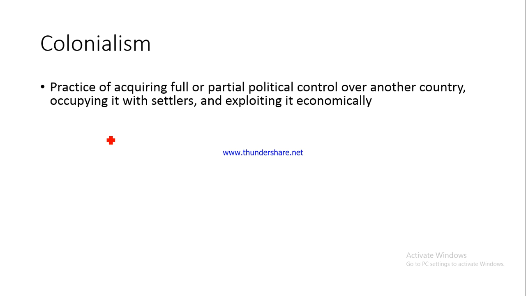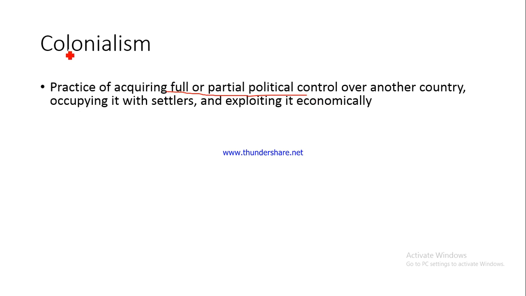A particular country colonizes another country by acquiring full or partial political control. So it could be full political control over the other country, or it could be only partial political control over the other country, right?